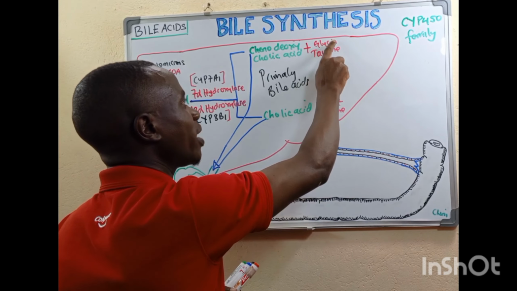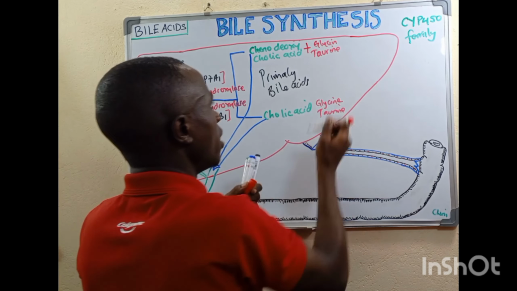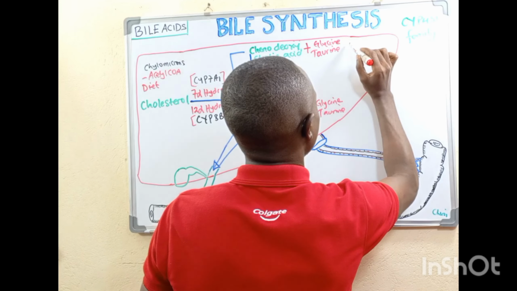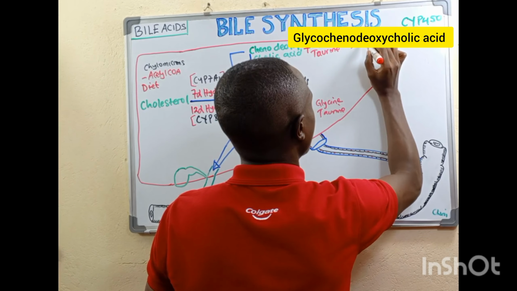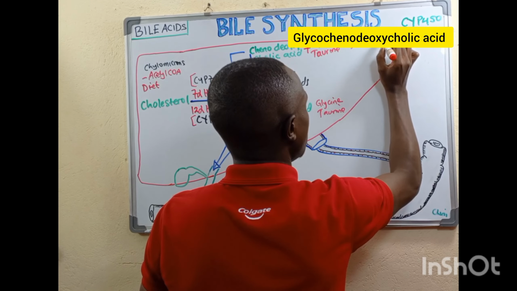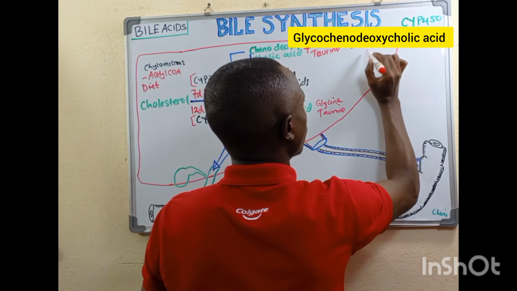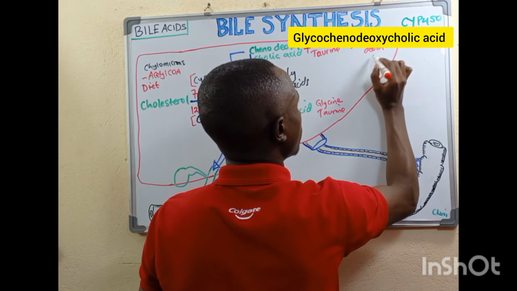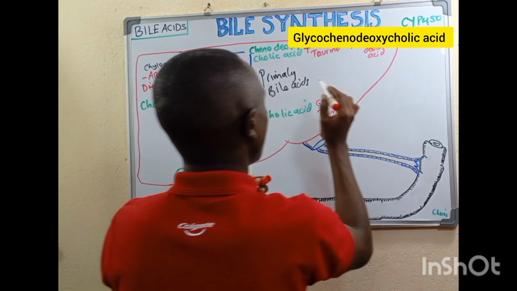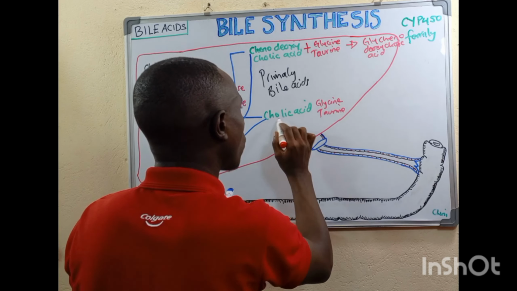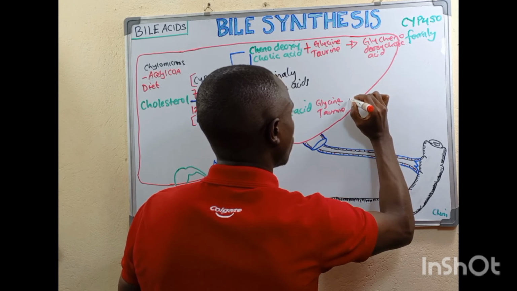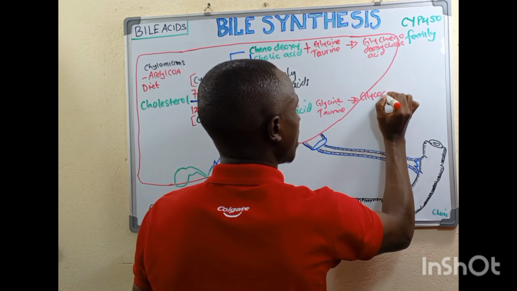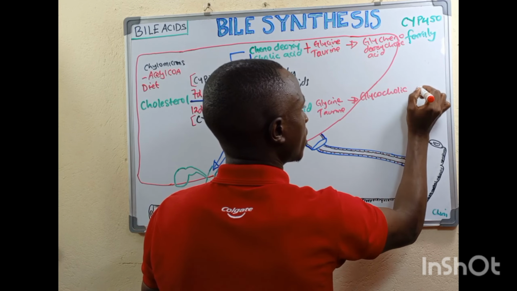If you conjugate it, for example, with glycine, we are going to be making glycochenodeoxycholic acid. For the case of cholic acid, you are going to be making glycocholic acid.